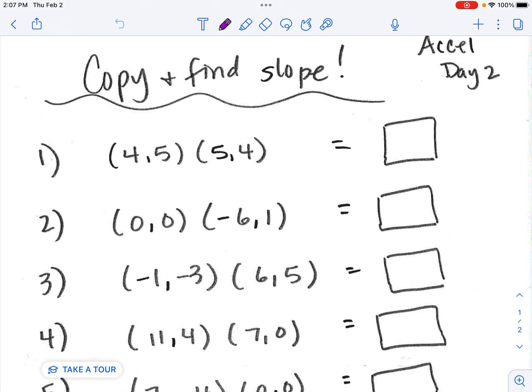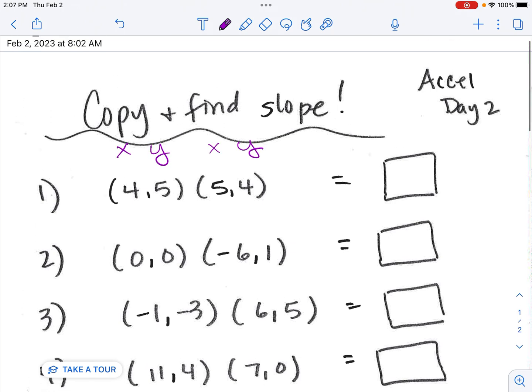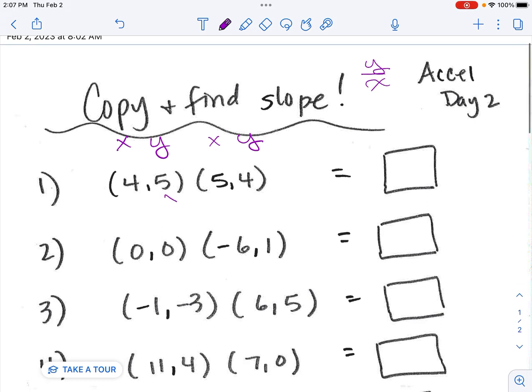Here we go. Yesterday we talked about how we should be labeling these X and Y, and remember to find slope, we do the change in Y over the change in X. So the way I talked about this yesterday, the change in Y from 5 to 4 on the number line is 1 hop to the left.